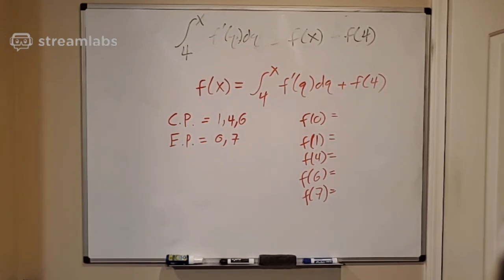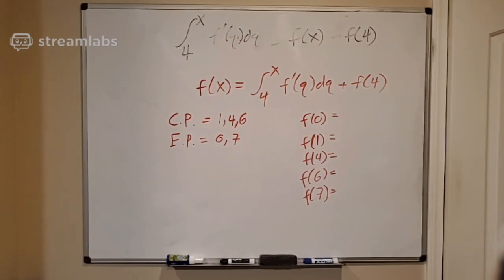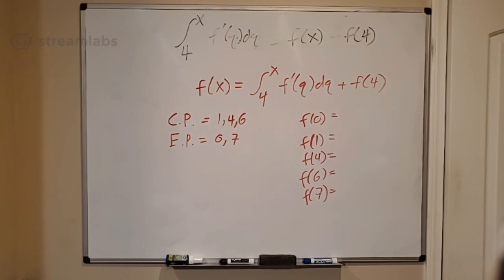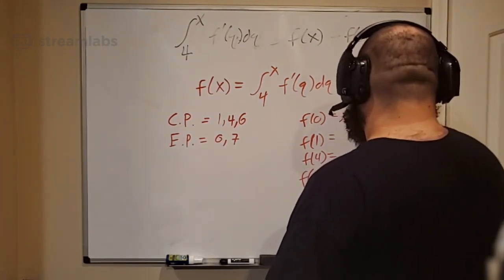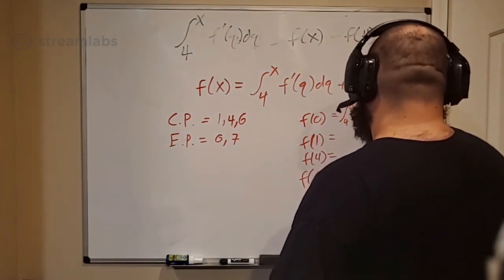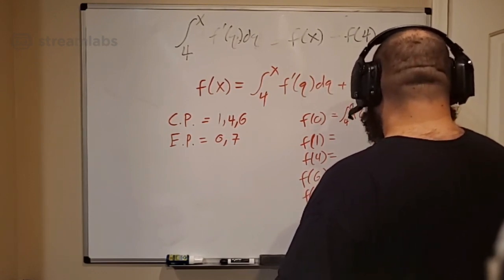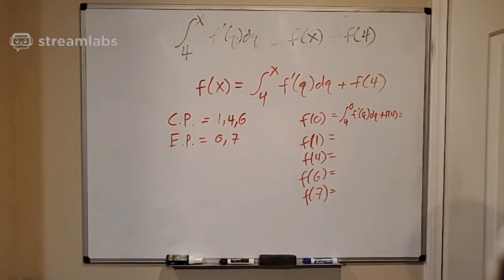So the first question is, we have the integral from 4 to 0. What is the integral from 4 to 0? Look at the graph.